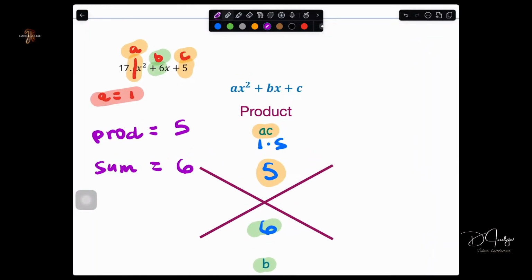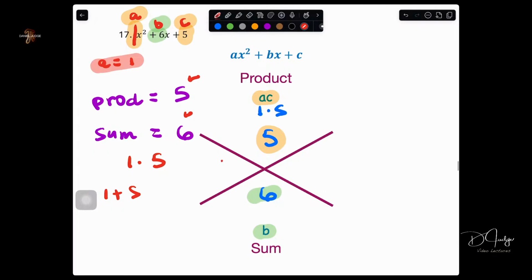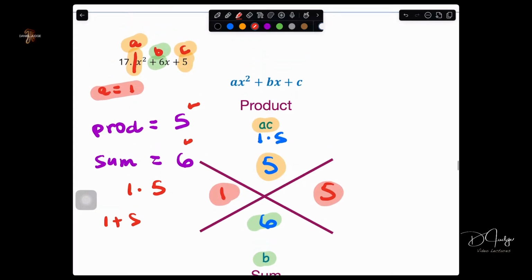So if we go through the pair of numbers whose product is 5, oops, sorry. Product is 5. I guess it's 1 times 5, and that's going to be a 5. And then a 1 plus 5 certainly is 6. So it looks like we found that pair of numbers right off the bat: 1 and 5.